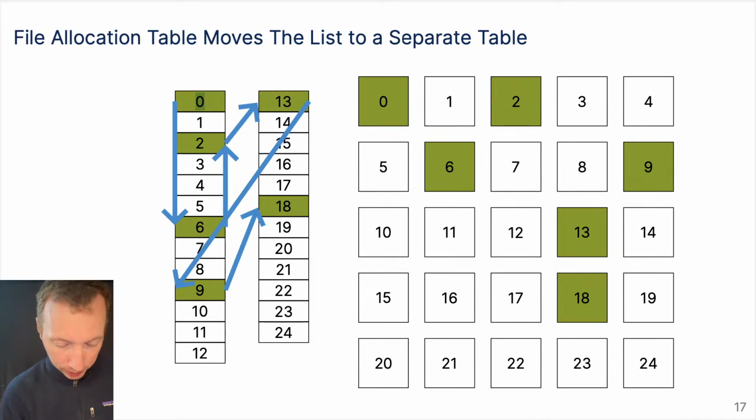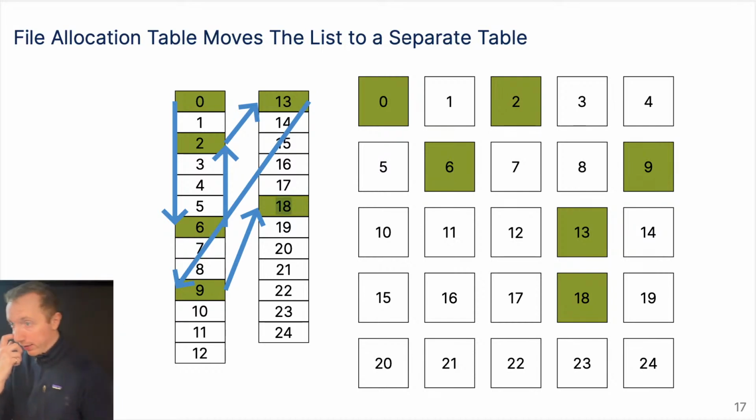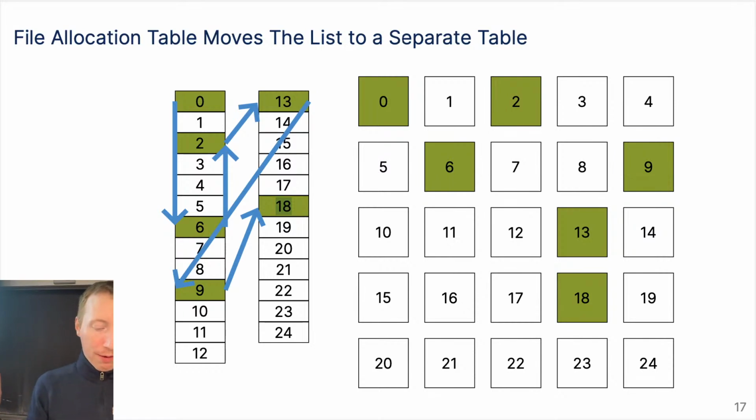So it would point to 6. And then from 6, I could follow that to point to 2. And then from 2, it points to 13. 13 points to 9, and then 9 points to 18, and then that's the end of the file. So it's the same idea as linked allocation. I'm just moving it to a separate table.